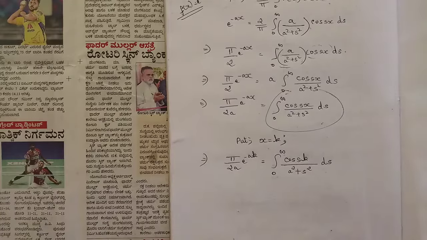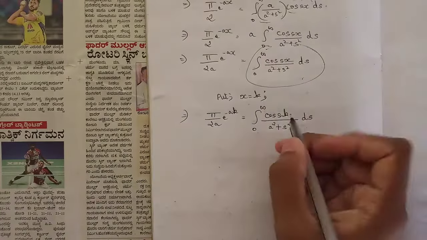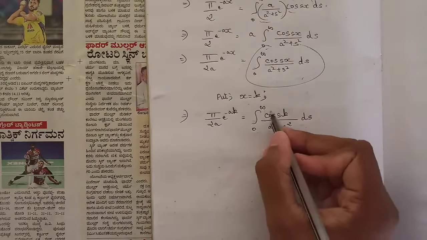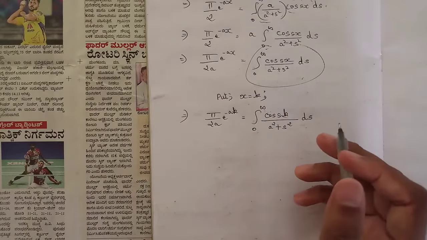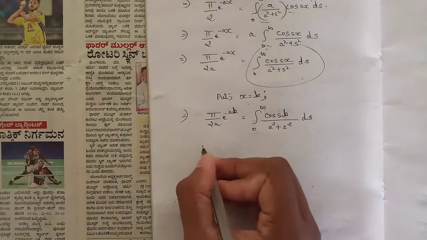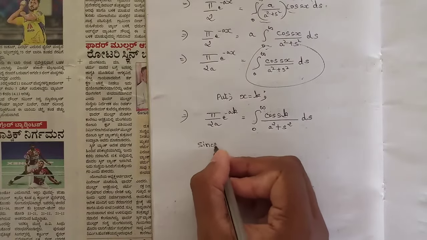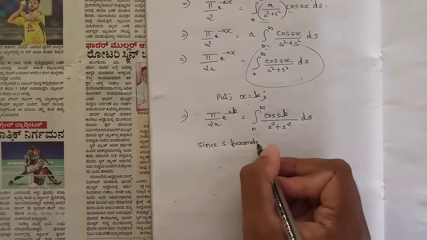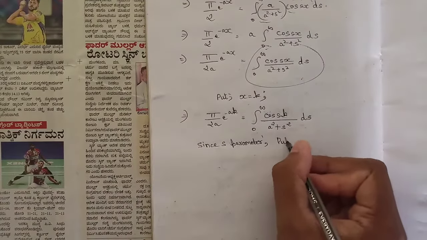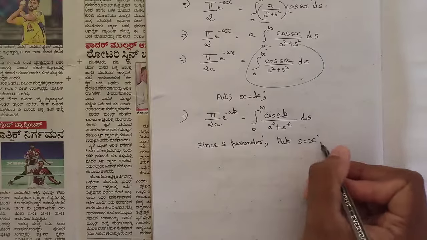Now the answer is not done yet. We need cos kx in the numerator. Now we have cos, we have k, but in place of x we have s, right? So that's the only thing left here. Since s is the parameter, we can replace the value of s, that is put s is equal to x.